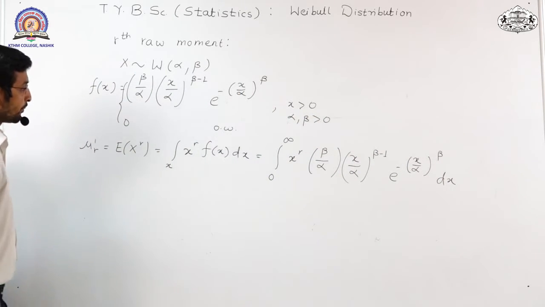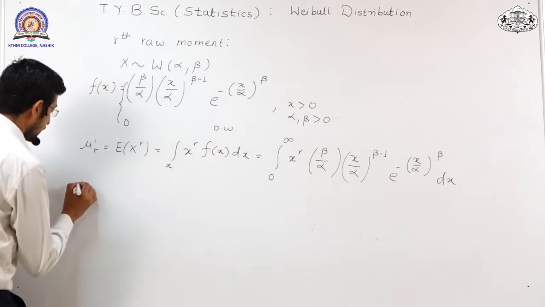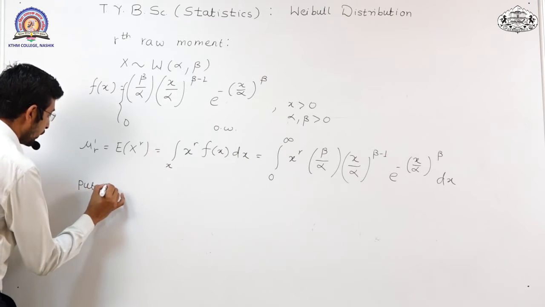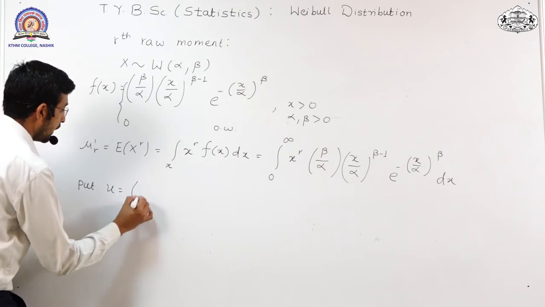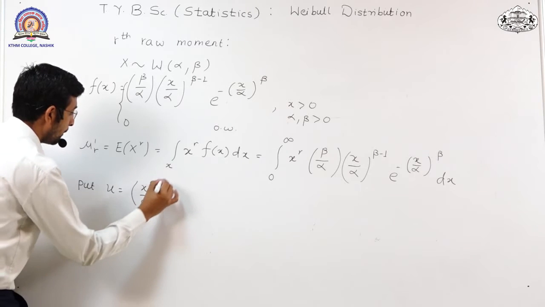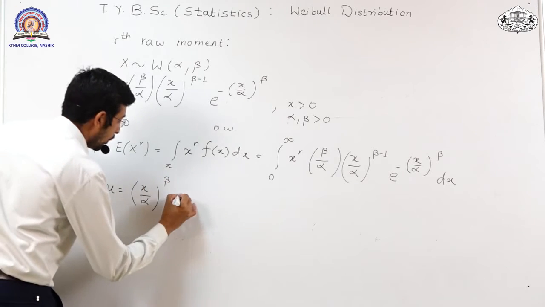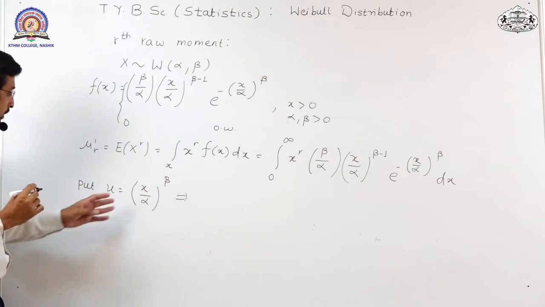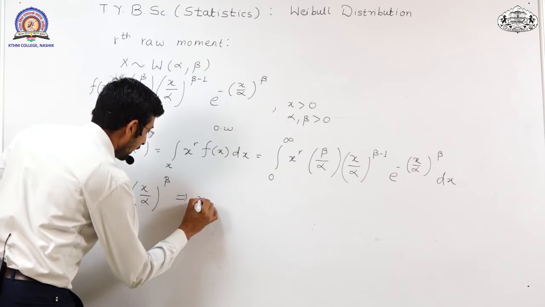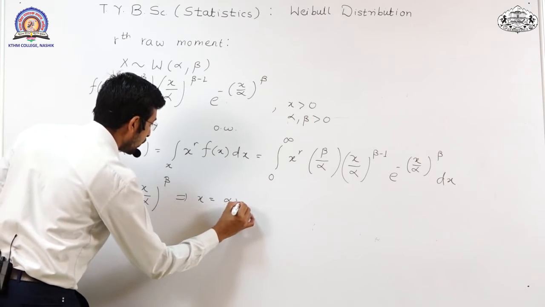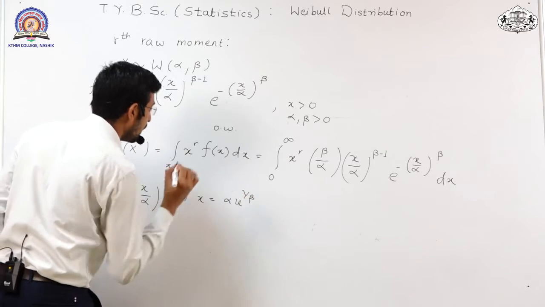Now for solving this integration, I put u equal to x upon alpha raised to beta. If I simplify this, we get x equal to alpha into u raised to 1 upon beta.